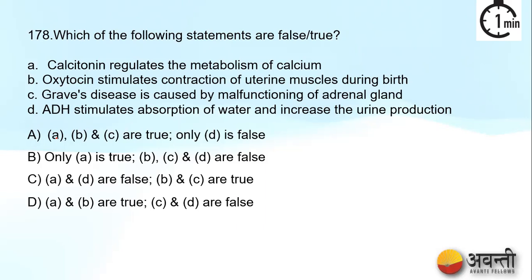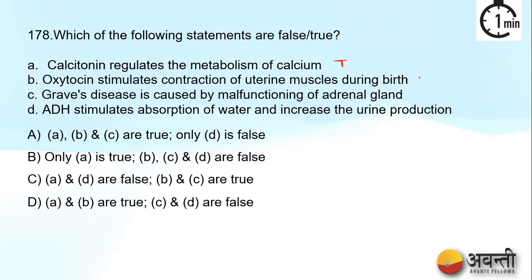Okay. So let's see one by one. We have to see which is true, which is false. Calcitonin regulates the metabolism of calcium. Absolutely true. They help in the absorption of calcium from the intestine, as well as from the renal tubules, right? Oxytocin stimulates contraction of uterine muscles during birth.